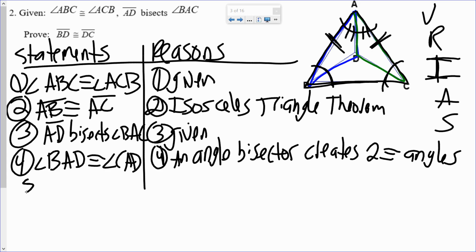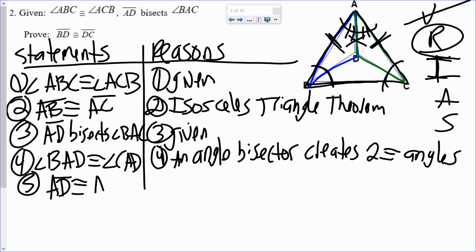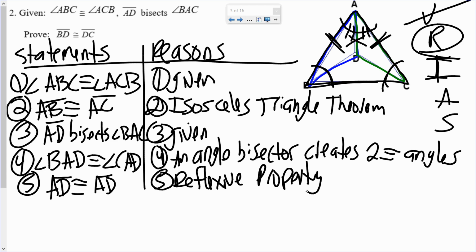I'm out of givens. I move back to my additional tools. V, there's no vertical angles. R, yes, there's reflexive property. AD is congruent to AD. Reflexive property. Now that I have three things congruent, I can state that triangles are congruent.